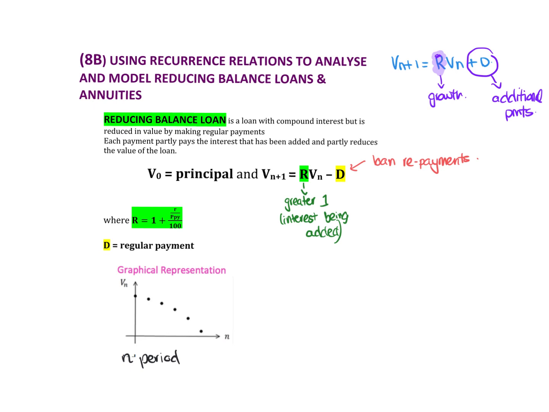We still find that common ratio, so we've got the formula there, where R will be the percentage rate per annum, and PPY is how many times it's compounded per year. So if it's monthly, PPY is 12 and all that. When we have a reducing balance loan and we put it on a graph, it will be curved because it has that compounding interest.